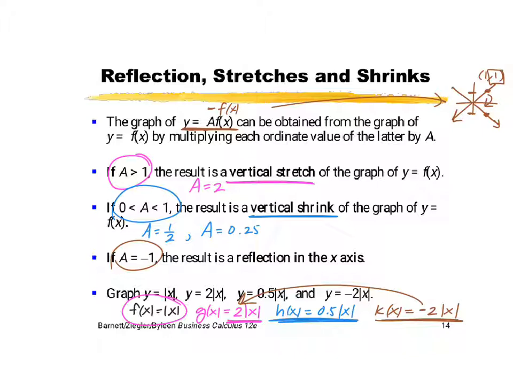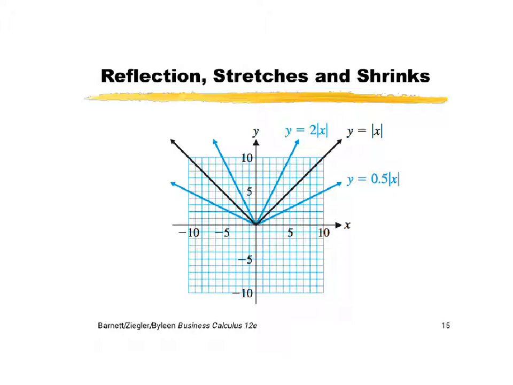So g is 2x, h is 0.5. So we have g of x here, h of x here, and then k of x is not given here.